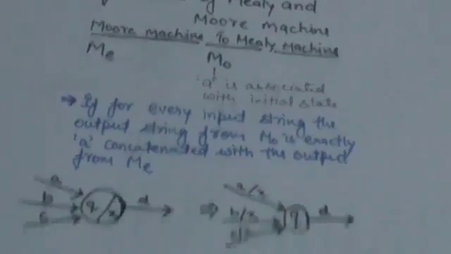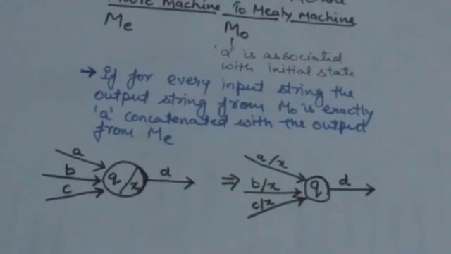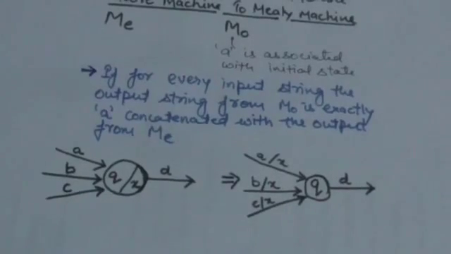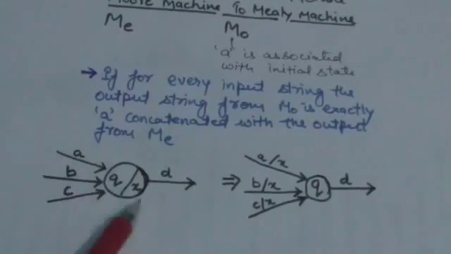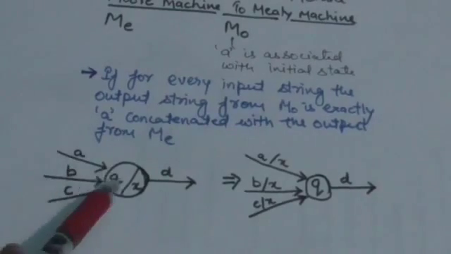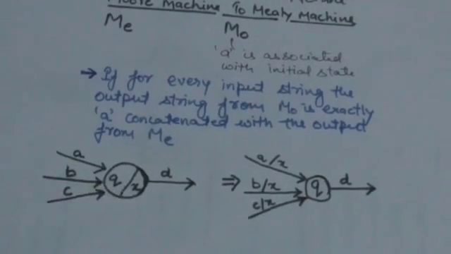Now see, how can we convert a Moore machine into a Mealy machine? In Moore machine, outputs are associated with states. Now this is the state of Moore machine. Here output is labeled with state.